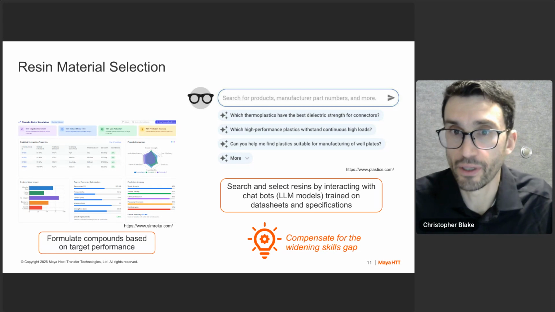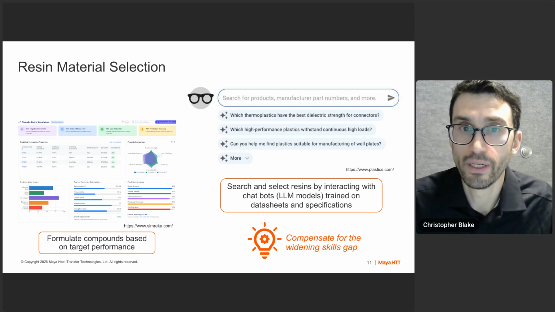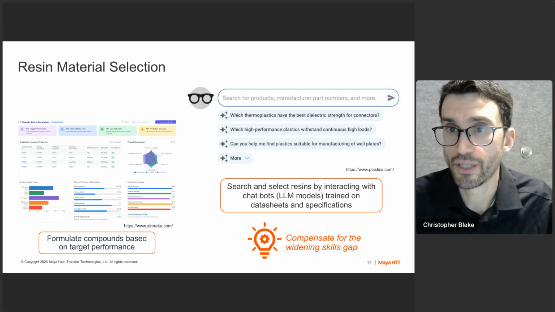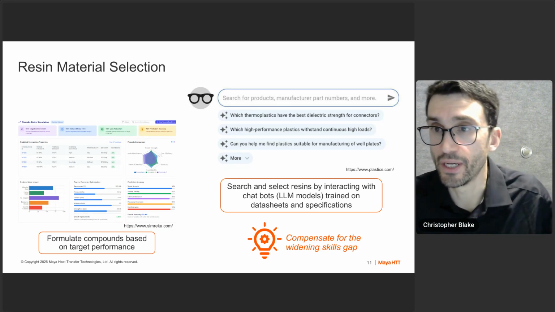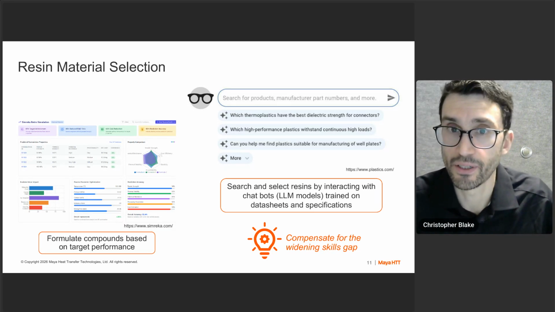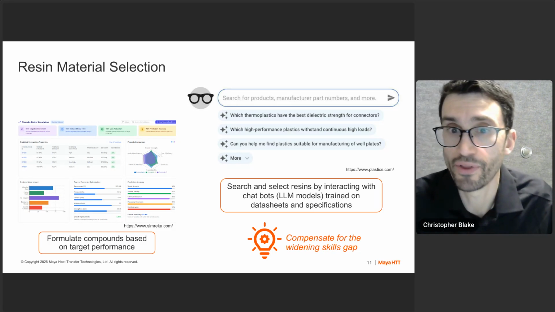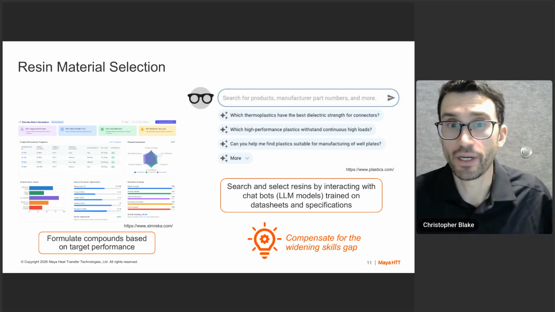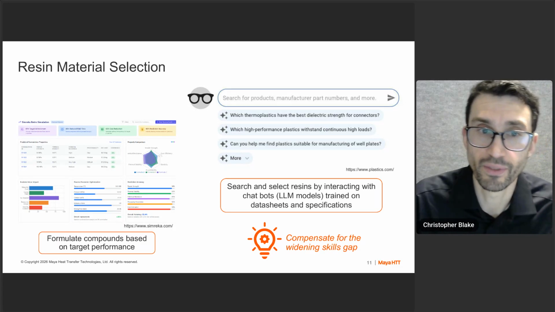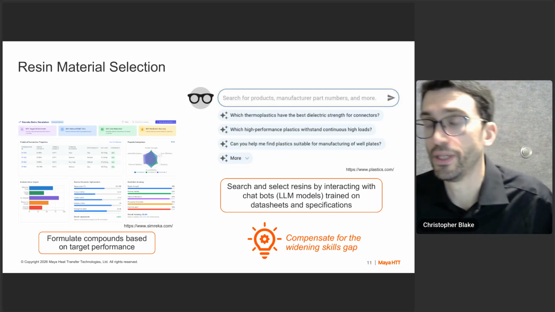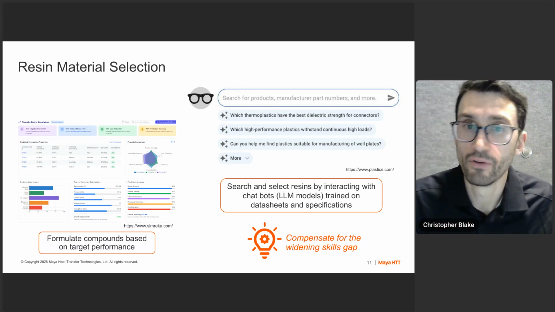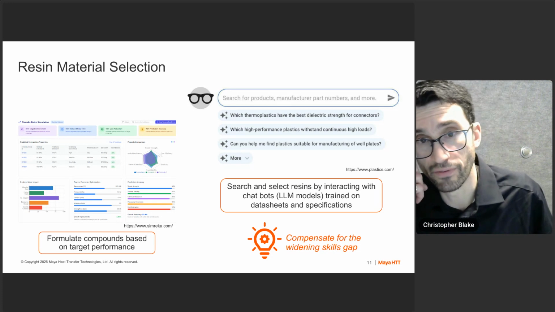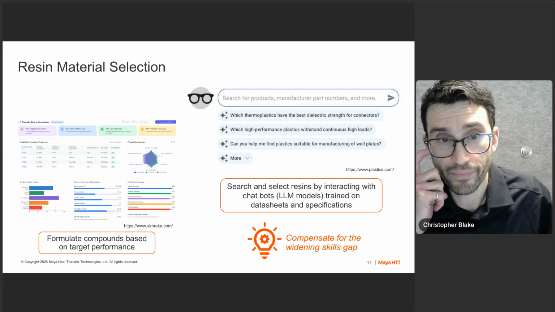There's a company, a startup called Plastics.com that actually has a chat bot that has been enhanced to read through and kind of suggest different resins based on the application that the user is bringing forth in that chat interface. And our team is actually having some brainstorming sessions with them to see how process simulation solvers that we work on can be an additional source of data for their LLMs to augment the experience of their users.